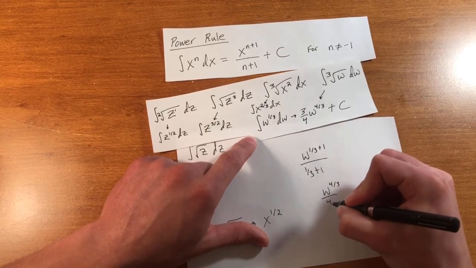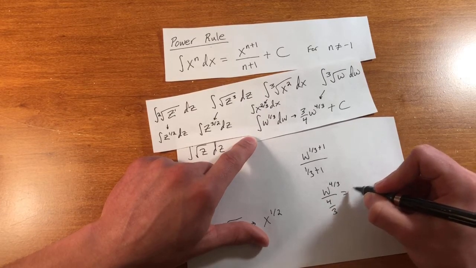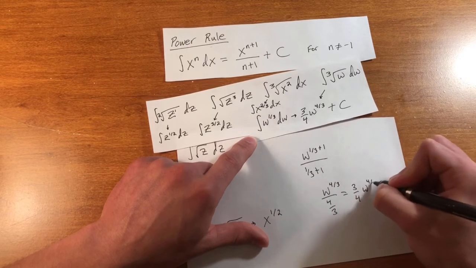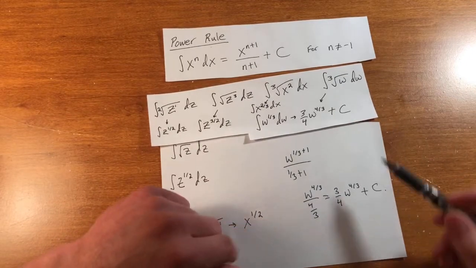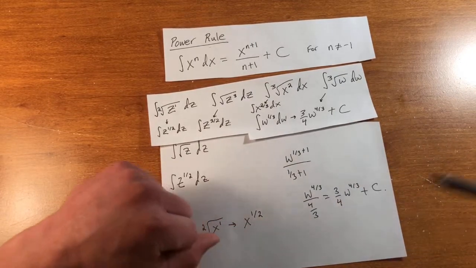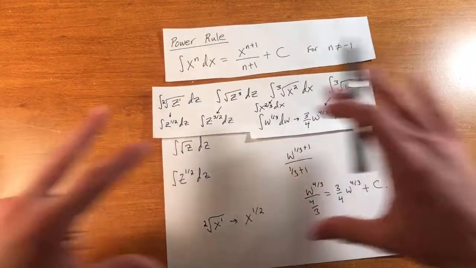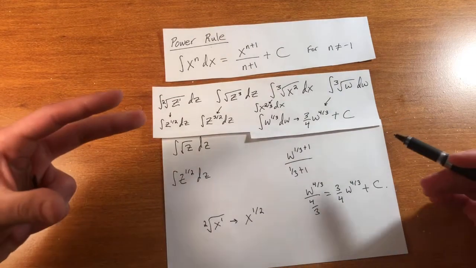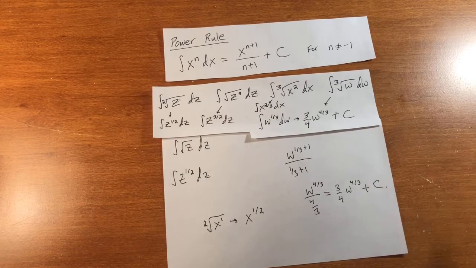And if I divide by 4/3, that is the same thing as multiplying by the reciprocal, so 3/4 w to the 4/3. That's just a rule that we hopefully should know: when dividing by a fraction, I can just multiply by its reciprocal. So if you come across ones that look like this, I would rewrite it and then apply the power rule as usual.